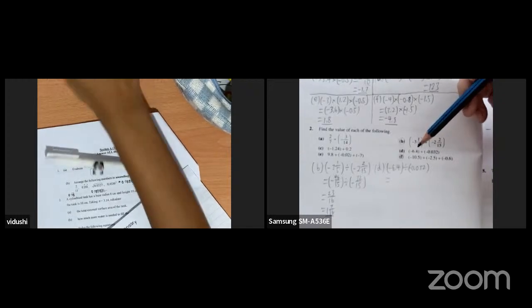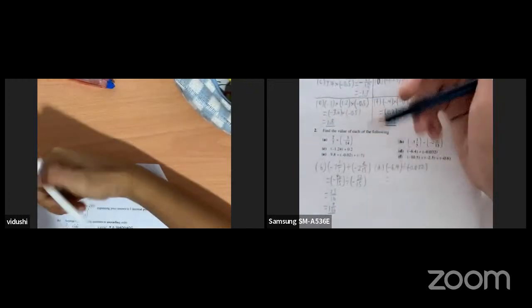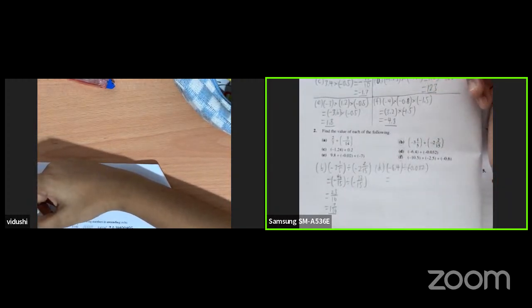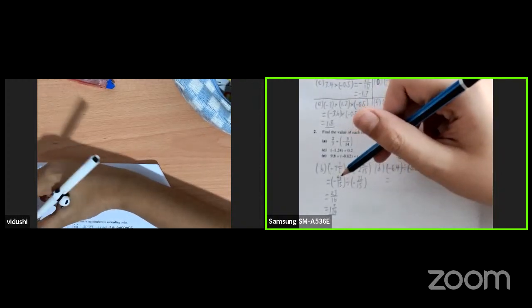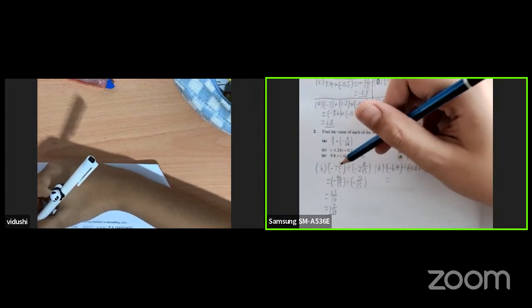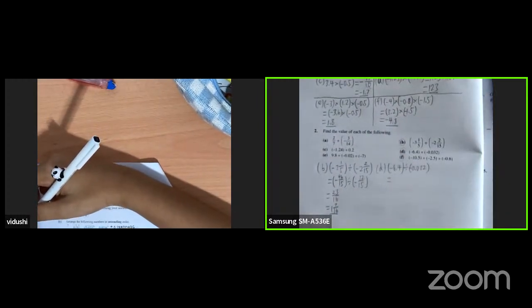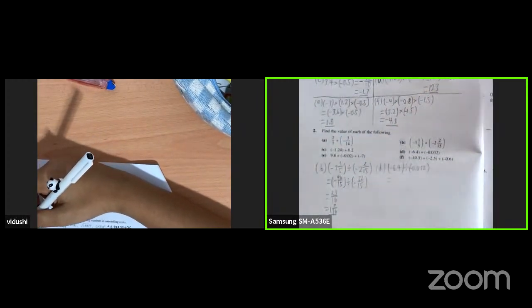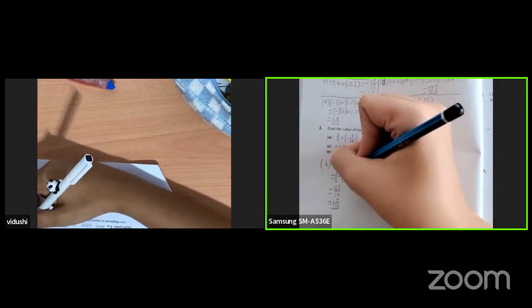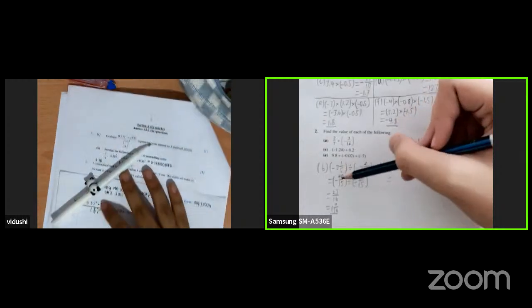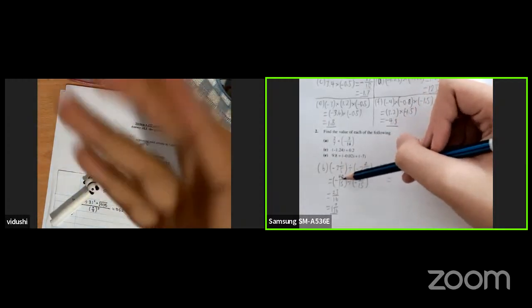Can you find your mistake or not? 3, 3, 5, 15, 16. Is this right? Yeah, correct.